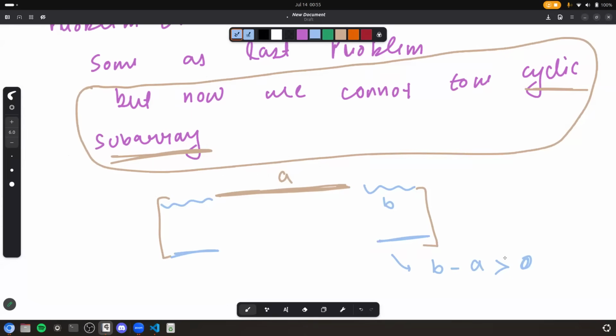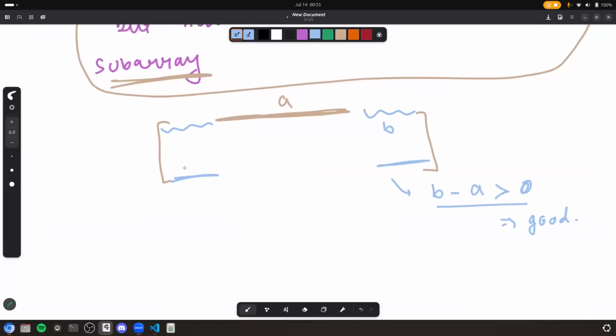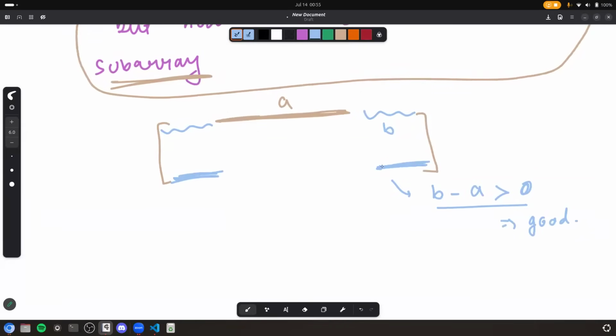So even if this was positive, the array was good. But now, since we are not allowed to consider these subarrays, we cannot say that the array is good if this is positive, since we are not allowed to choose this. So that will change our answer in some cases.